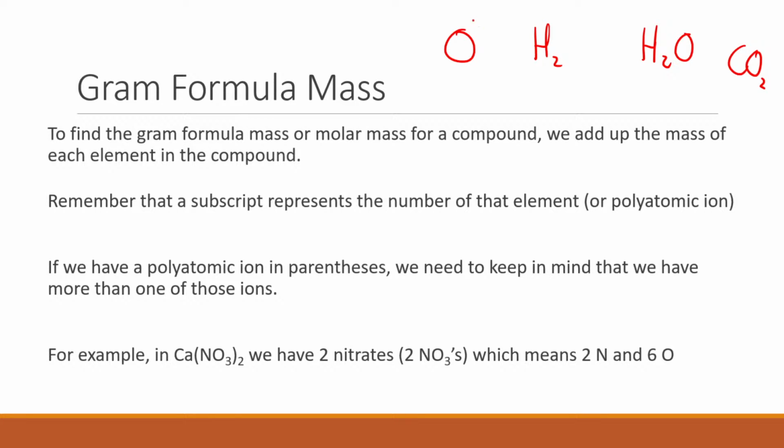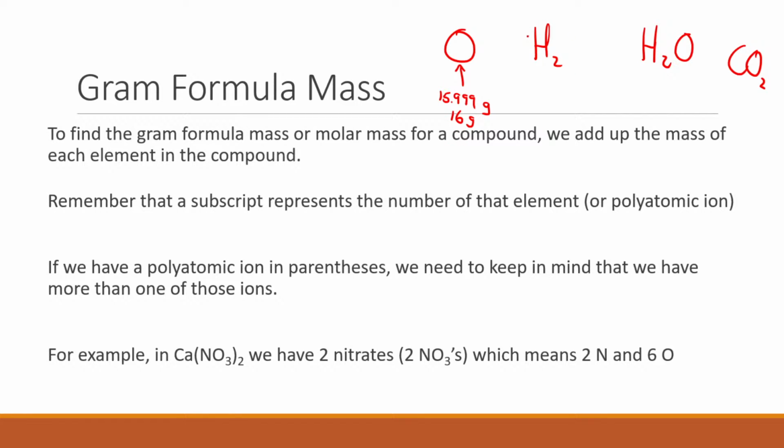All right, if it's just an atom, we can pull the number right off the periodic table. 1 mole of oxygen weighs 15.999 grams, which we're going to round up to 16. And we're going to start rounding to the nearest whole number.